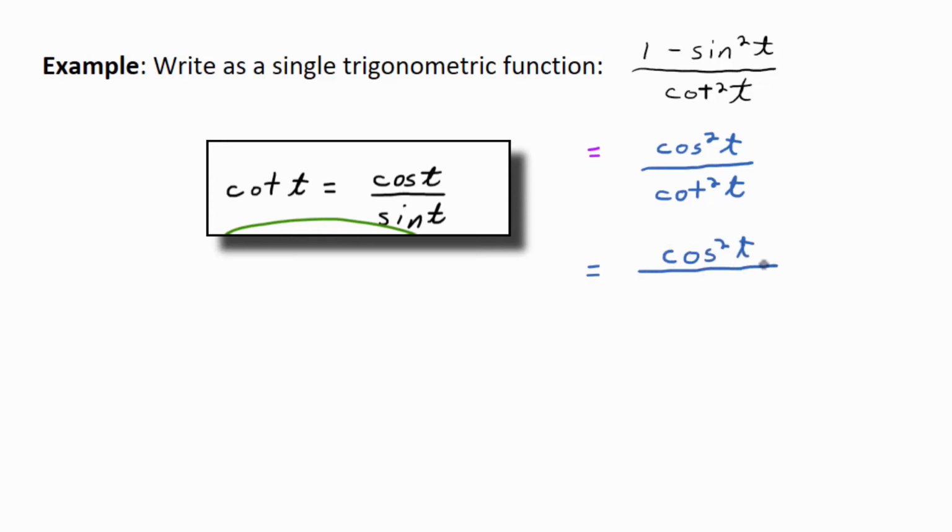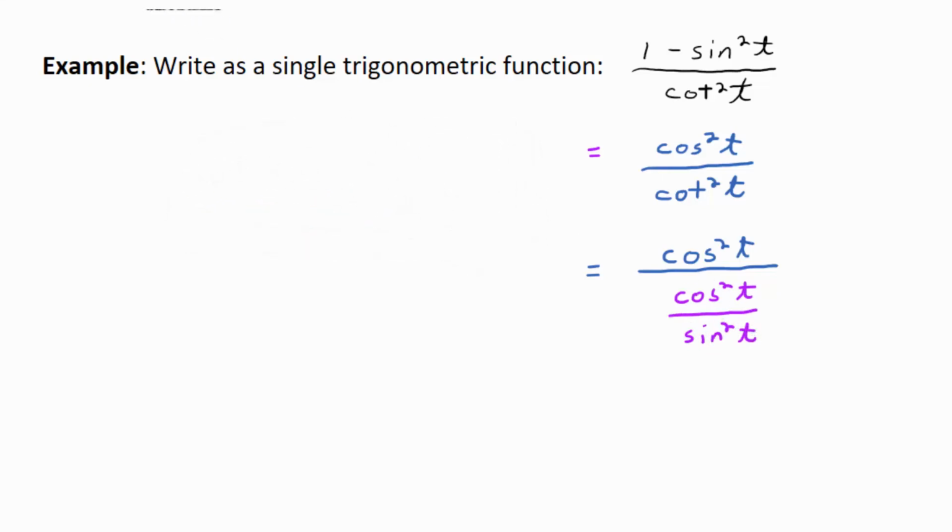That denominator is cotangent squared, so I'm going to replace it with cosine squared t over sine squared t. That part in purple is the denominator of the big fraction. So I'll make this division bar bigger to make that clear. We're dividing the guy in blue, cosine squared t, by that fraction. Everybody agree with that? Okay.